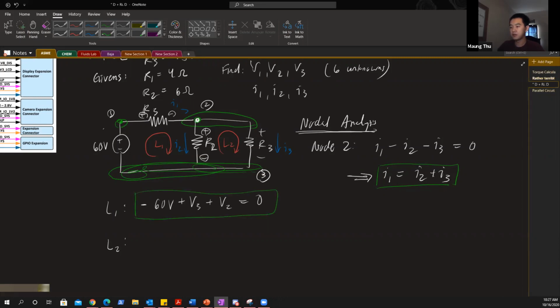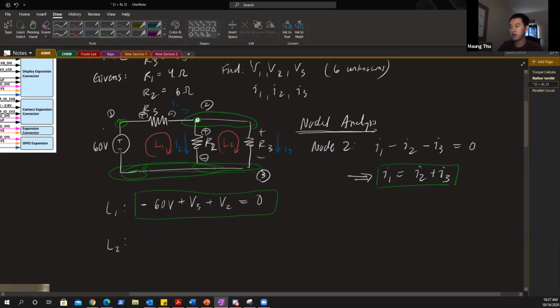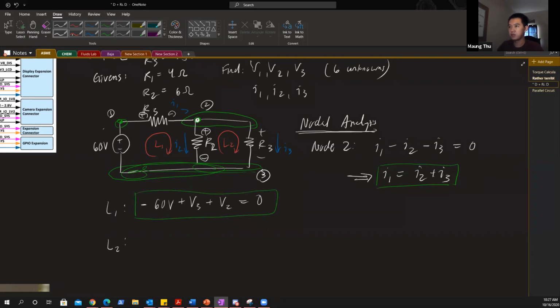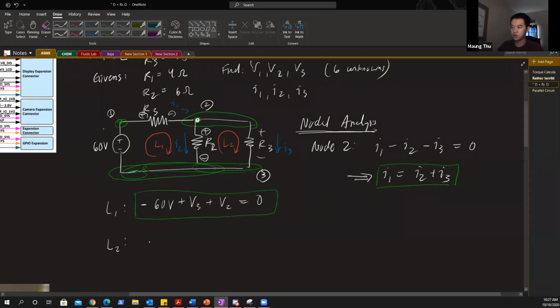And same thing again. I want you guys to help me with this one. See if you can figure out how I'm writing this in loop 2. So what should be my first one? If we're going to observe resistor 3, is it positive or negative? Is it going to be negative?